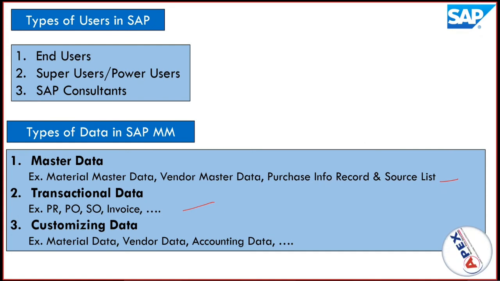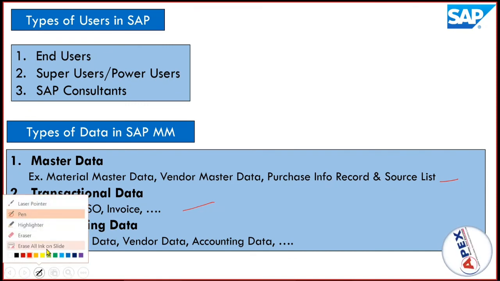That data is customizing data. They need vendor data, material data, accounting data, pricing data, and all the processes they use to procure the material. Why? Because they need to customize it with respect to SAP. That is called customizing data. Clear? Fine.